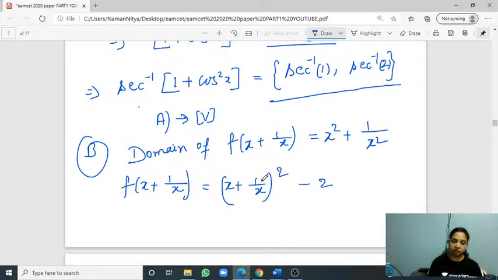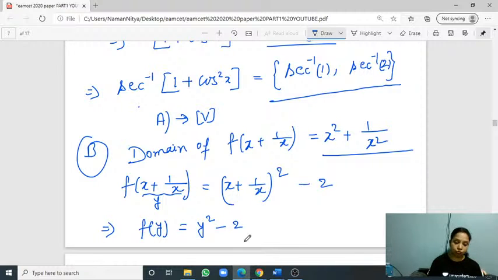Yes, I can. If I take the a plus b whole square, I get x square plus 1 by x square plus 2, and this minus 2 will cancel that 2 and you will get this only. So now, if this term I am considering as y, what I am getting is f of y is nothing but y square minus 2.